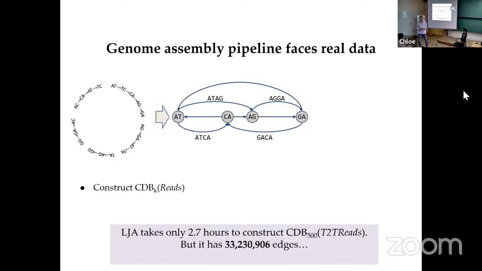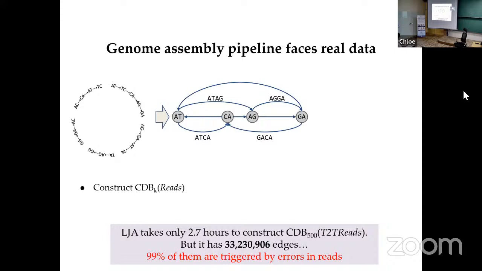Another problem is that 99% of these edges do not belong to the human genome. They result from errors in reads, because every error in reads introduces deficiencies in your graph, right?